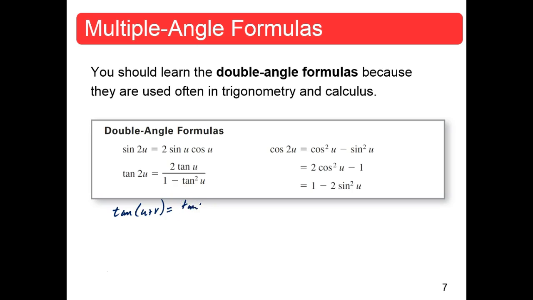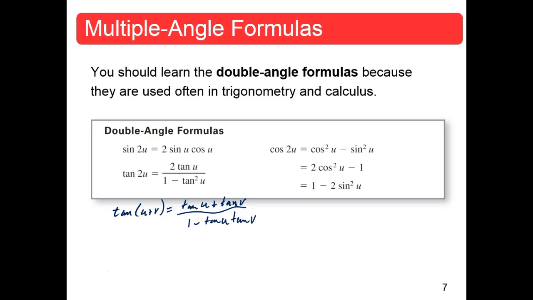Tangent u plus tangent v over one minus tangent u tangent v. That's what it is. You can flip back a few pages and find that. Okay?